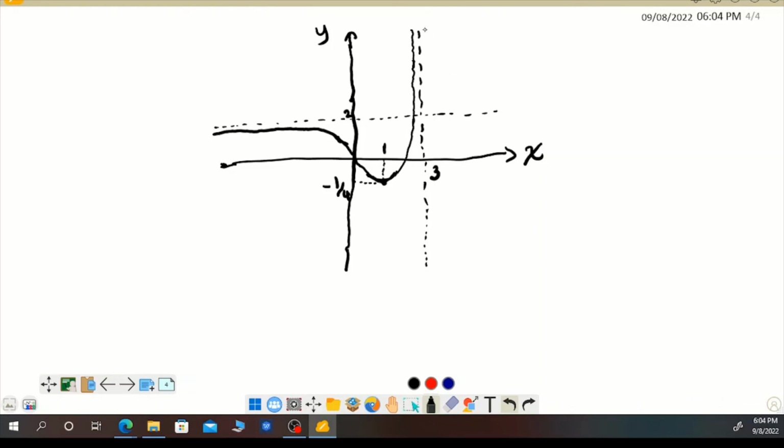If it is a positive value, the graph comes from above. If it is a negative value, it comes from below. So I can write it like this, and when x is going to positive infinity, the graph is going to positive 2. So this is my sketch of the graph using differentiation.